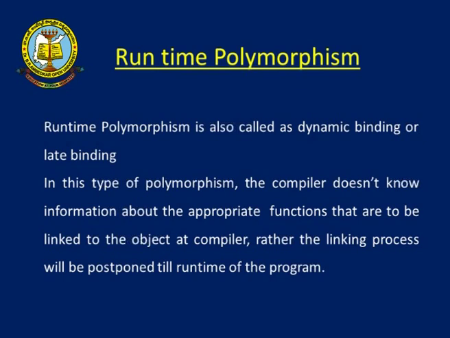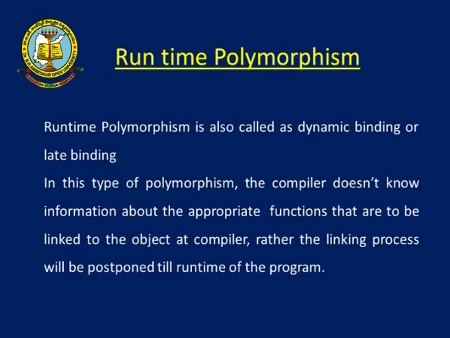In this type of polymorphism, the linking process is actually done at runtime instead of compile time. The object and the appropriate function will be linked at runtime. That means the compiler will not decide to which function the object should be linked at compile time. This decision will be kept pending until the program is running.